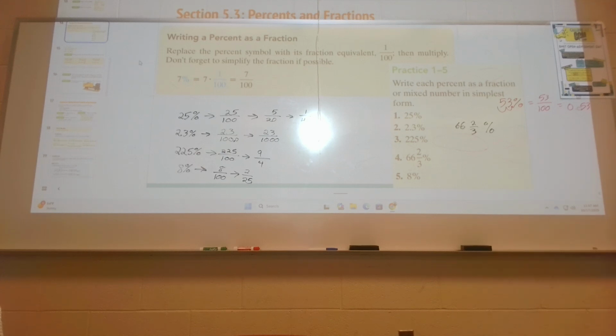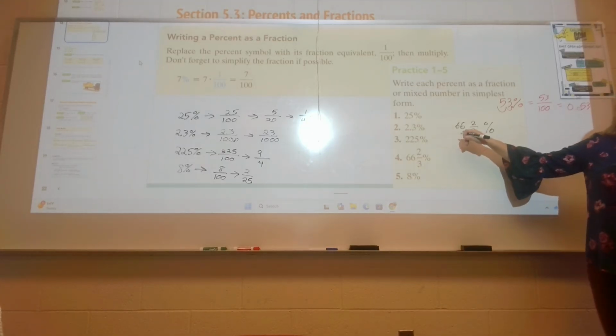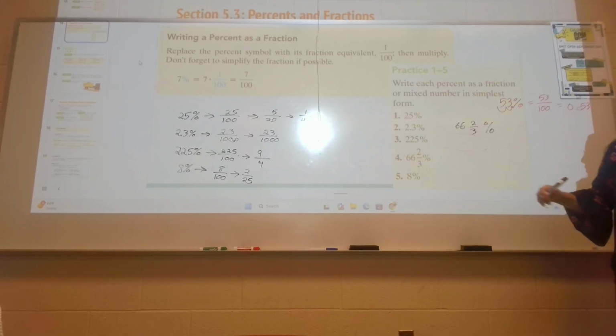But if I'm dealing with 66 and 2/3, most of the time with a mixed number, before we do any addition, multiplication, anything like that, usually I make you turn it into what? An improper fraction. So let's start with that. Right, so to turn 66 and 2/3 into an improper fraction, that's again 66 times 3 plus the 2. All of that's over 3, right?